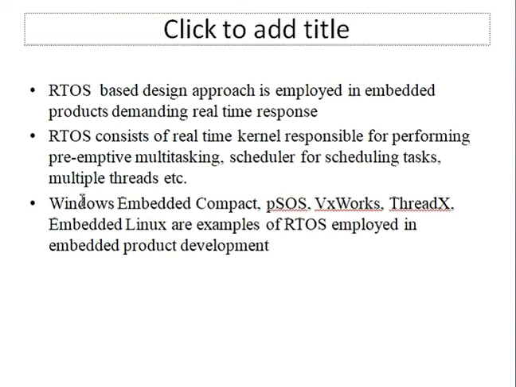Some of the embedded systems use real-time operating systems such as pSOS, the POSIX operating system, as you call it. Then you have VxWorks, ThreadX, Embedded Linux. These are various examples of real-time operating systems used in real-time embedded systems.